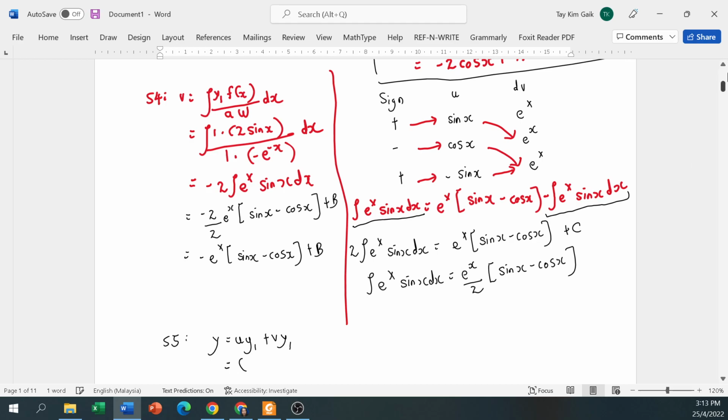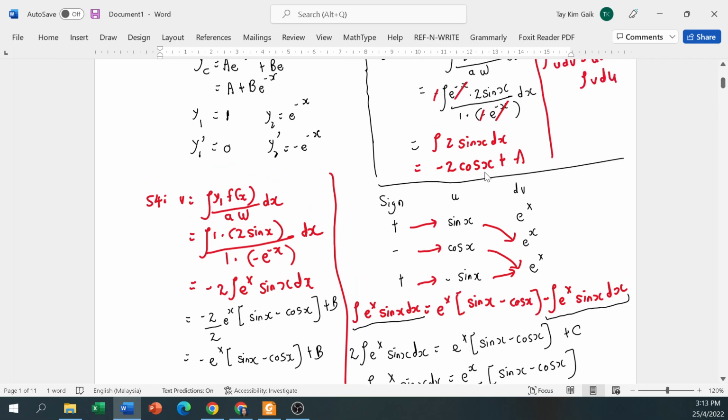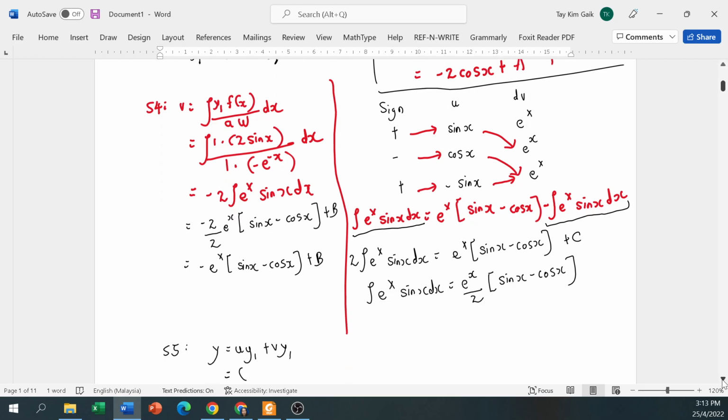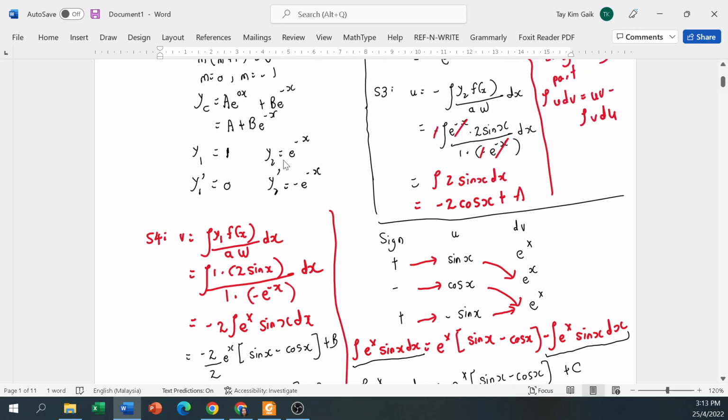Where is the u? u is negative 2 cos x plus a, multiplied by y1. y1 is 1. v is here, which is negative e^x bracket sin x minus cos x plus b, multiplied by y2. What's y2? y2 is e^(negative x).